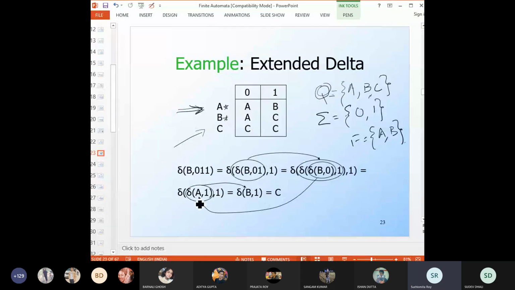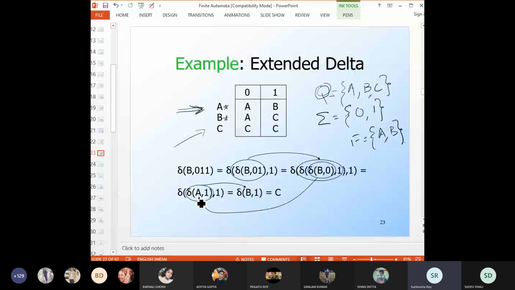And therefore, the extended transition function you can define like this. See, delta on the string 0, 1, 1. Remember input characters 0 and 1, so the string you have been fed is 0, 1, 1. Leaving out the last character, this is delta B 0, 1. Then delta B on 0. What is delta B on 0? You can find that from here.